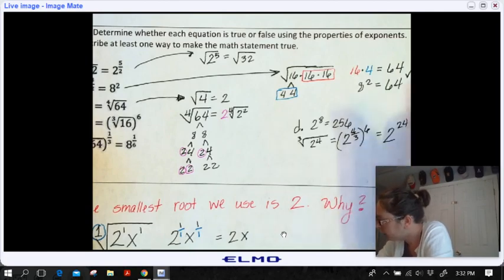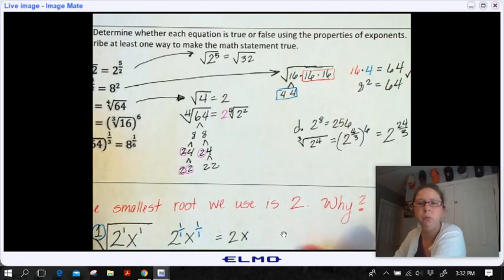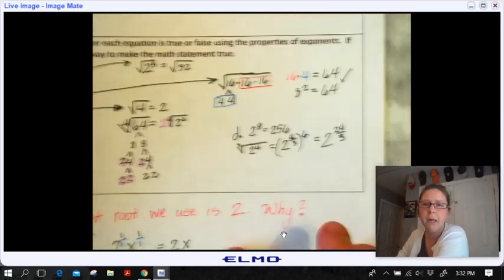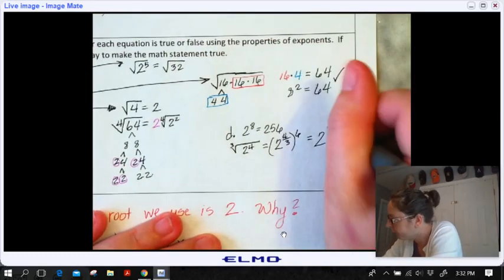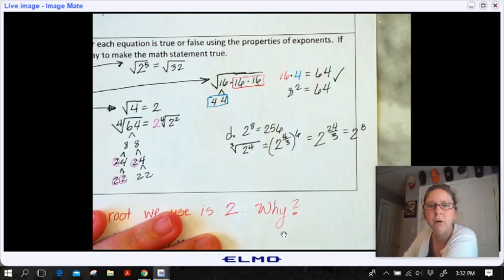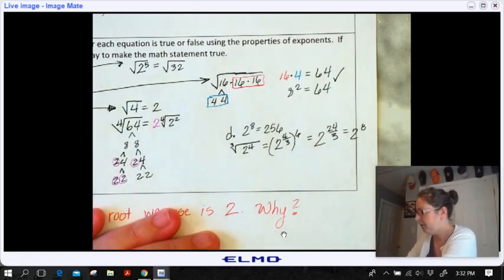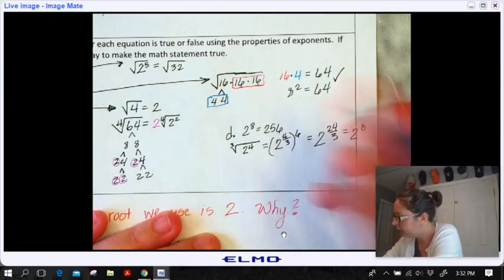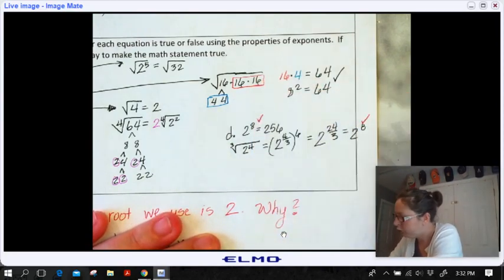And then there's the 3 on the bottom. What's 24 divided by 3 equal? 2 to the 8th power, which is the same as this. So D is true.